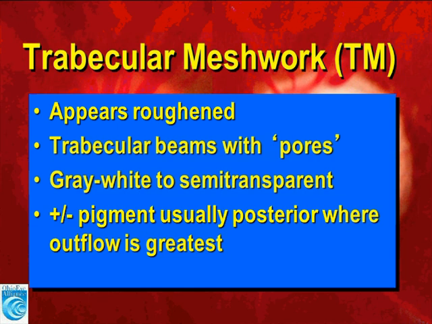This appears roughened. There are trabecular beams with what look like pores. It is usually gray-white to semi-transparent and has a varying amount of pigment. The pigment is usually most posterior, where the outflow through the trabecular meshwork is the greatest.